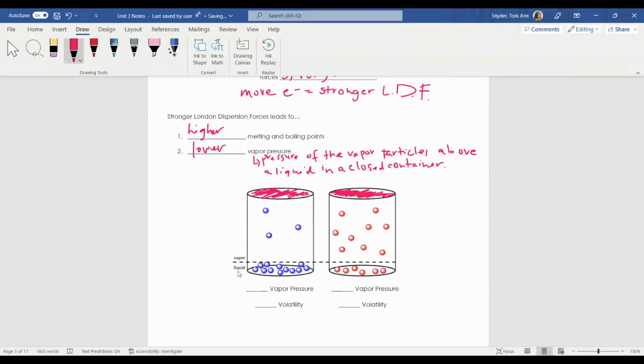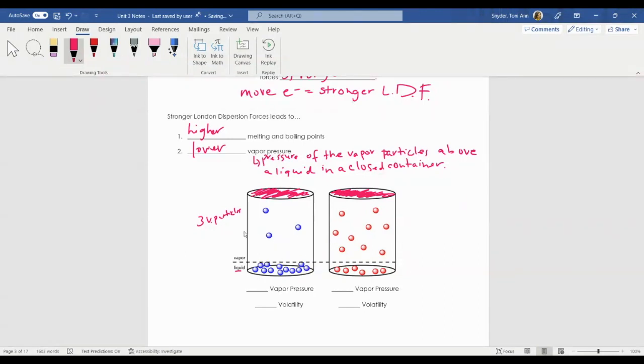Here's its liquid. Here it is in the liquid state of matter. Here's its vapor. In this case, I have 3 vapor particles. Whereas in this one, it looks like I have a lot more. So let's count just to double check.